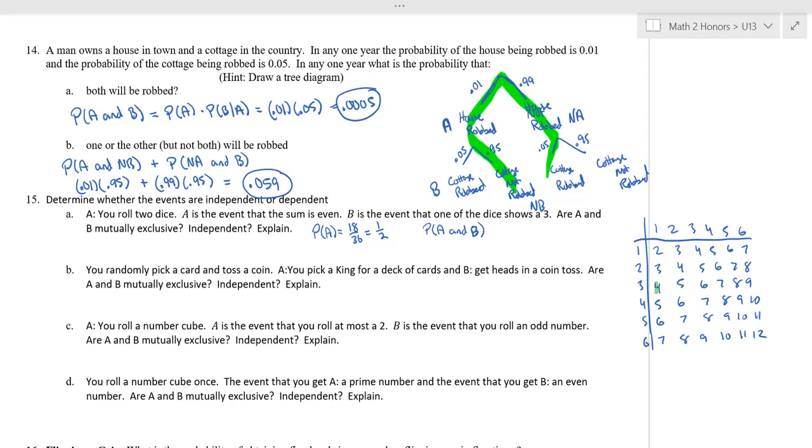So for example, a 3 and a 1 make a 4, so that's even. Or should we go 3 and 3? It's a little subjective here. When it says one of them shows a 3, could we have both of them show a 3? It doesn't matter. I'm going to say, let's say no.